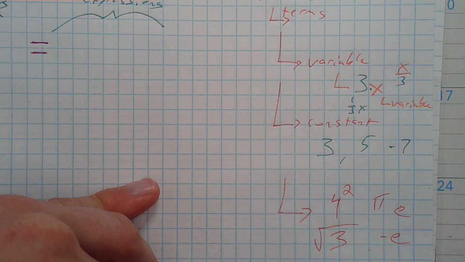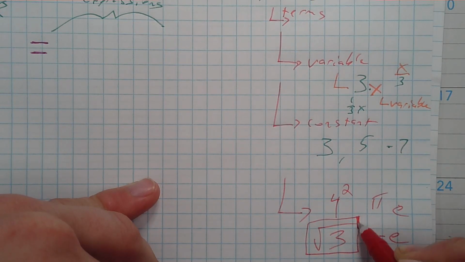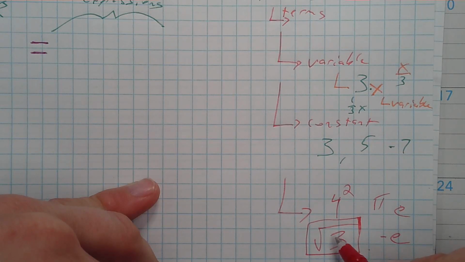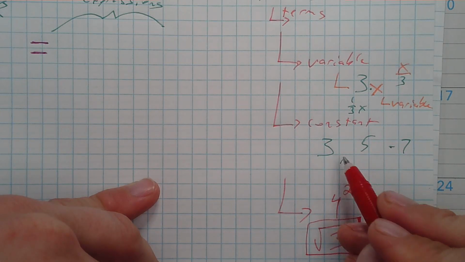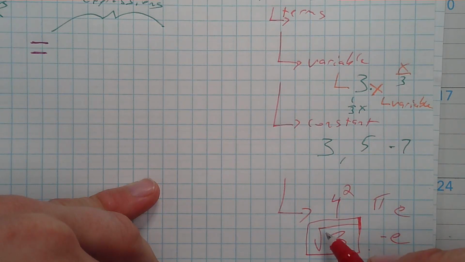If it's a square root of something, you can't combine that type of constant with another type of constant, but otherwise you can, for the most part, solve the constants and add them together.